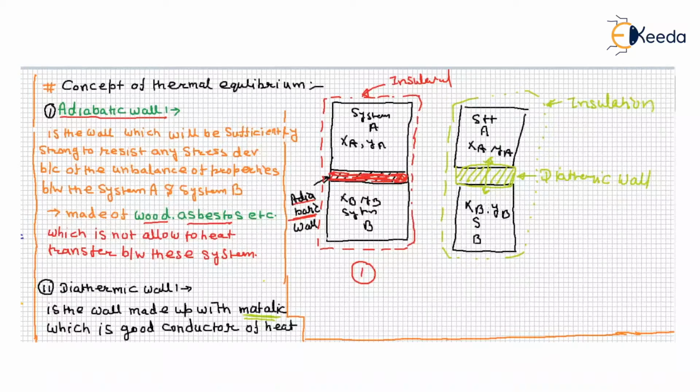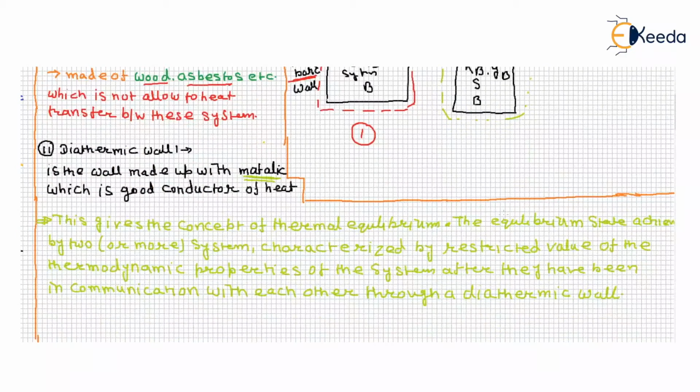So yes, both experiments give the concept of thermal equilibrium. This says that the equilibrium state is achieved by two or more systems characterized by a restricted value of the thermodynamic properties.